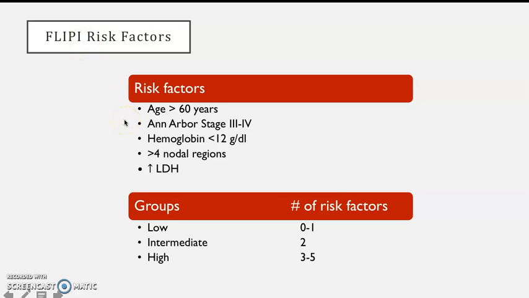So the risk factors for FL are that the patient is more than 60 years old, they have an Ann Arbor stage of 3 or 4, their hemoglobin count is less than 12 grams per dL, there's more than 4 nodal regions, and they have an increase in lactate dehydrogenase levels. If there are 0 to 1 risk factors for the patient, that's a low group. 2 risk factors corresponds with an intermediate group, and 3 to 5 is a high group.